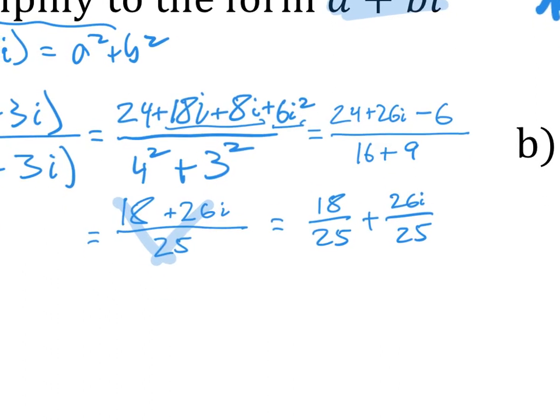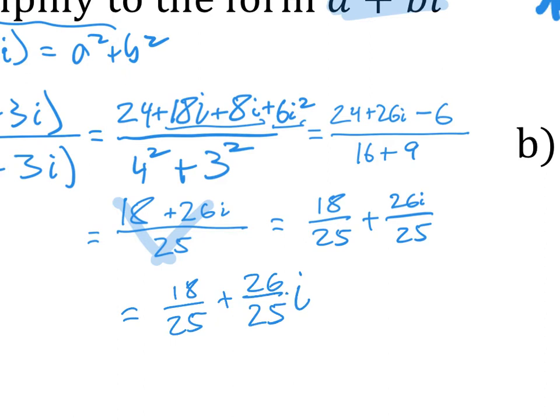And then, last but not least, we can simplify if we can. 18/25 cannot be simplified, so leave it alone. We can't simplify this, so we're going to leave it alone, but we're going to write it a little differently. This is the same as 26/25 times i. Okay?